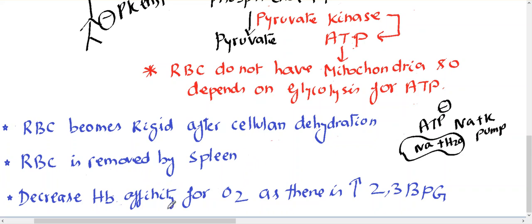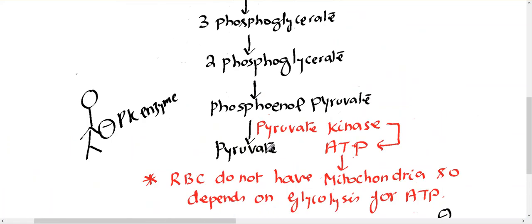Now, very important, what is the relation of 2,3-BPG and the oxygen hemoglobin dissociation curve? There is decreased hemoglobin affinity for oxygen as there is an increase in 2,3-BPG. Now in pyruvate kinase deficiency, why is there an increase in 2,3-BPG?